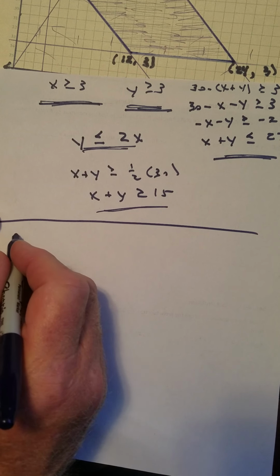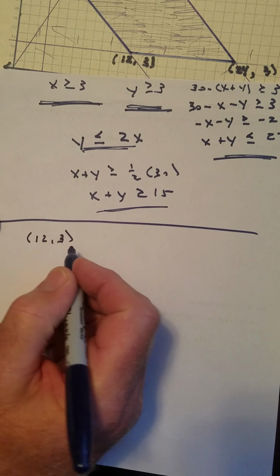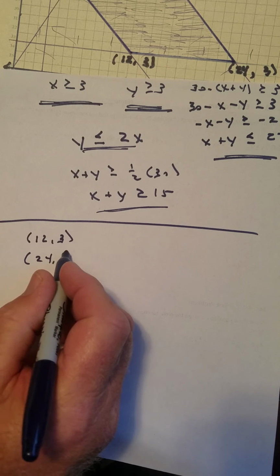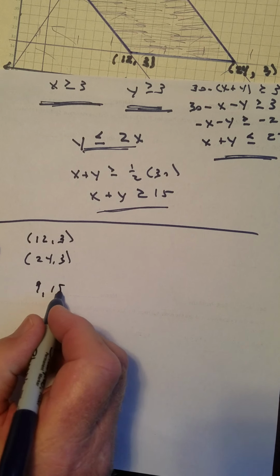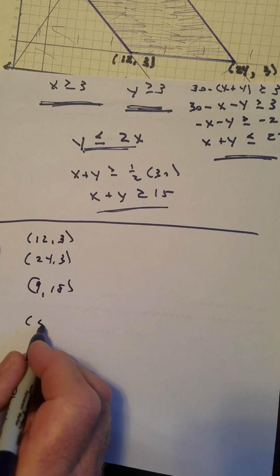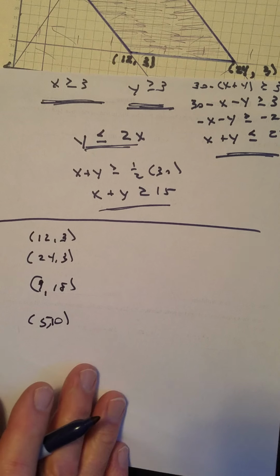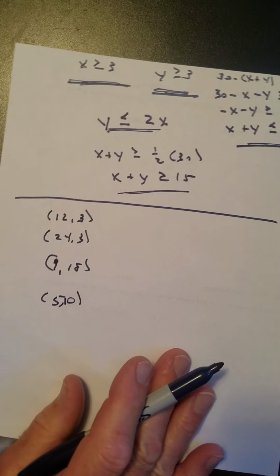But I'm going to start with 12, 3. And then I got 24, 3. I got 9, 18. And I got 5 and 10. Keep forgetting that one. So all I did was take the points off of there and put them on this paper.